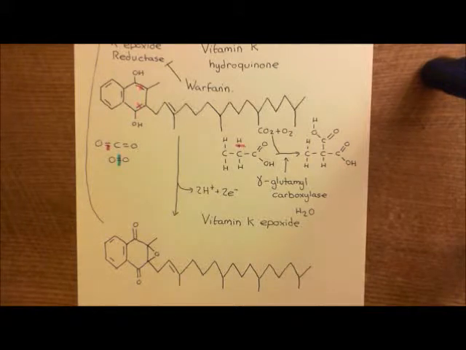And basically you need to convert glutamic acid residues to gamma carboxy glutamic acid residues in order for the proteins coagulation factor 2, coagulation factor 7, coagulation factor 9, and coagulation factor 10 to actually be functional. So what warfarin is going to do is stop the production of functional coagulation factor 2, coagulation factor 7, coagulation factor 9, and coagulation factor 10.